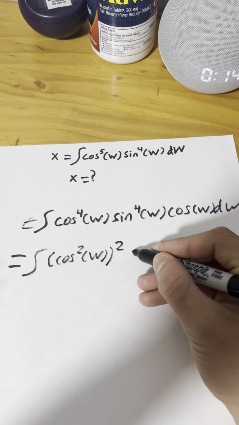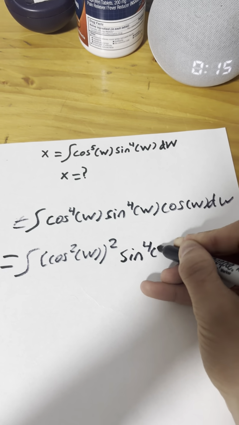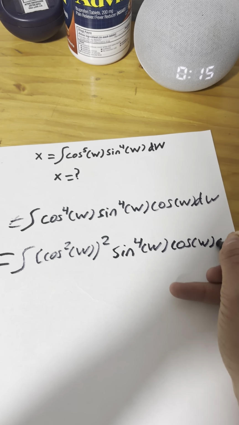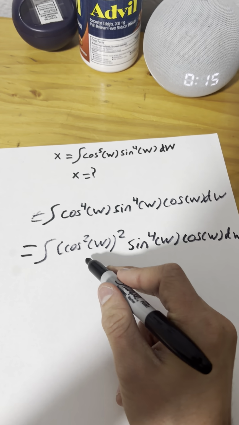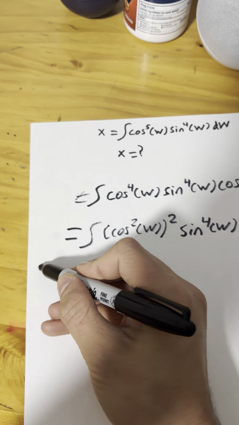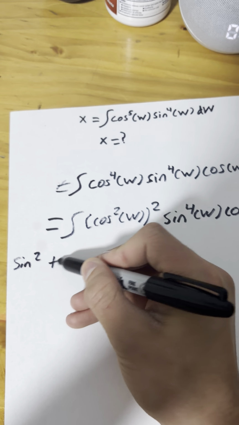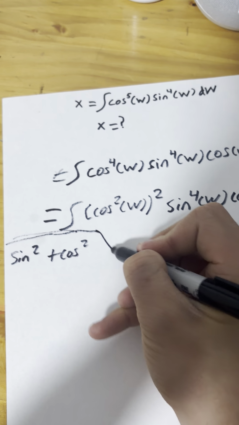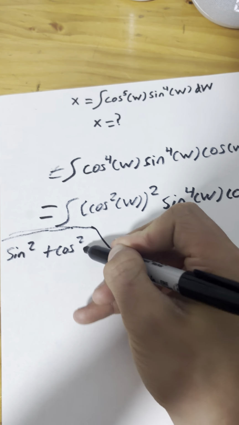We're going to leave the sine alone, and the cosine over here alone. And remember, sine squared plus cos squared equals 1, so cos squared equals 1 minus sine squared. If you flip the equation a little bit, we can use that here.